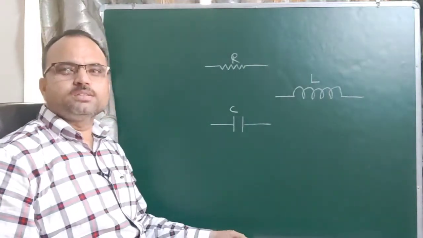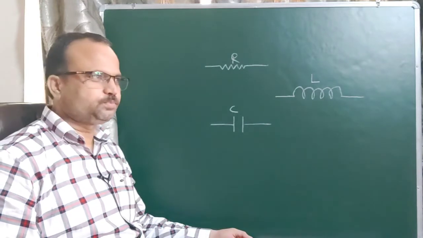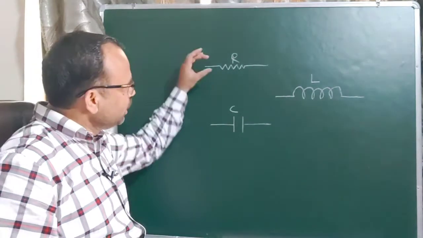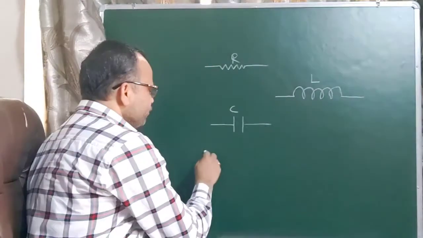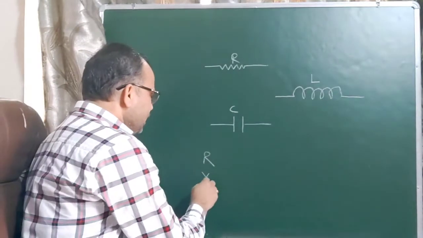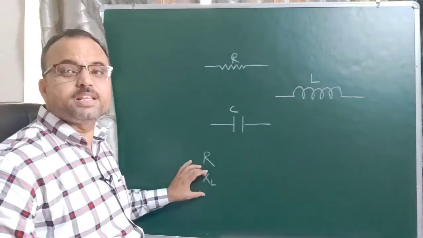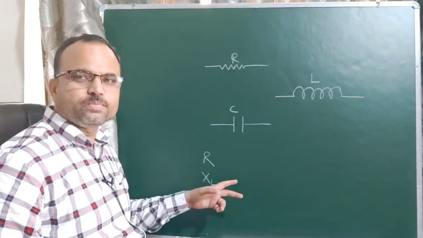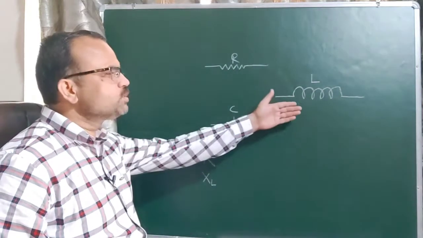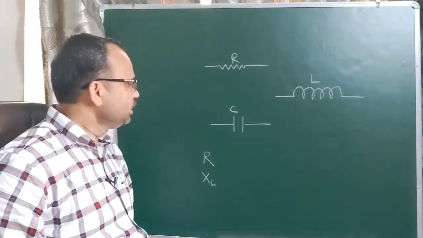the important term is resistance, meaning opposition to the flow of current. Resistance is denoted by R, in inductor it is denoted by XL, meaning reactance of inductor. The working is the same, opposing the flow of current.